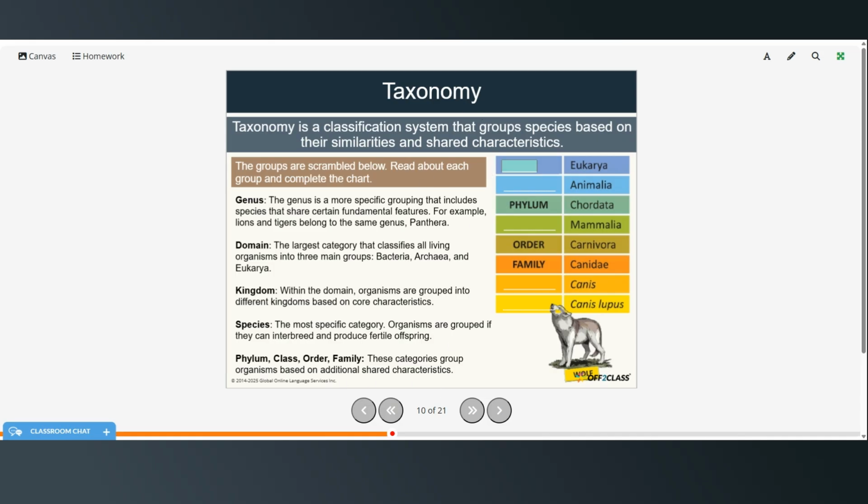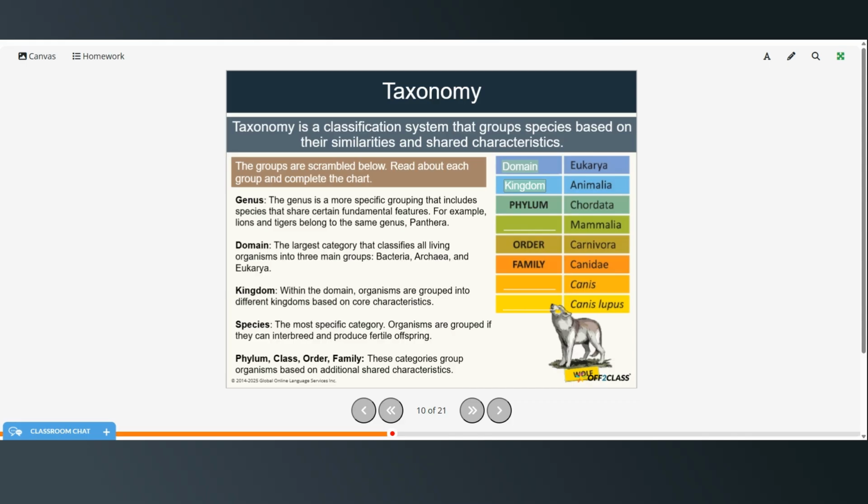All right, so let's see. The domain is the largest category, so this first one would be domain. Within the domain, let's see, organisms are grouped into different kingdoms. So I believe this would be kingdom. And then, let's see.